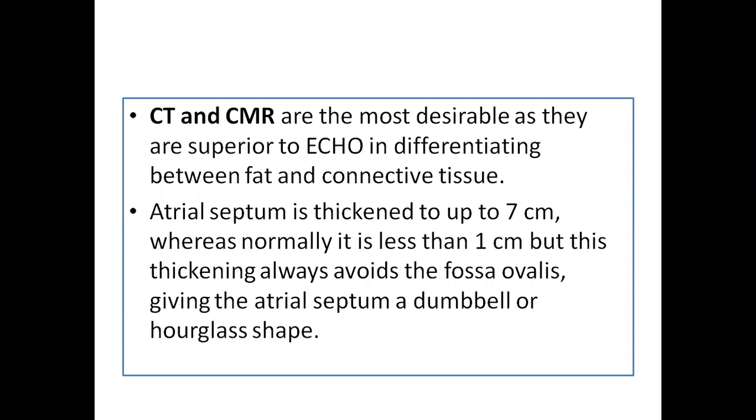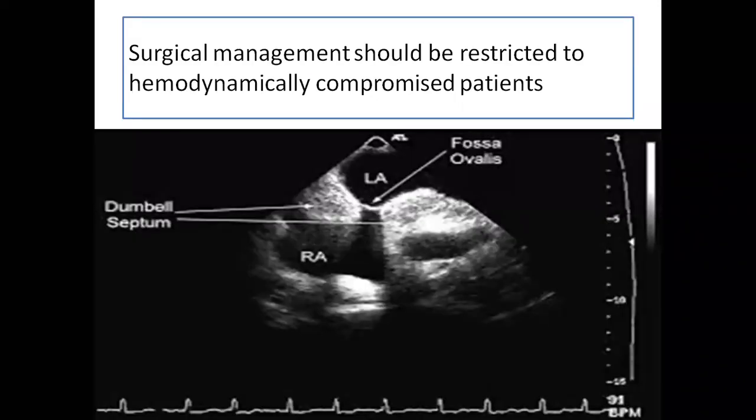The atrial septum is thickened up to 7 centimeters, where normal is less than 1, but this thickening always avoids the fossa ovalis, giving the atrial septum a dumbbell or hourglass shape. So this is the dumbbell or hourglass shape of the tumor. And surgical management should be restricted to hemodynamically compromised patients.